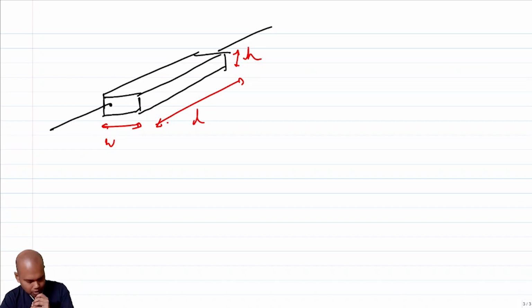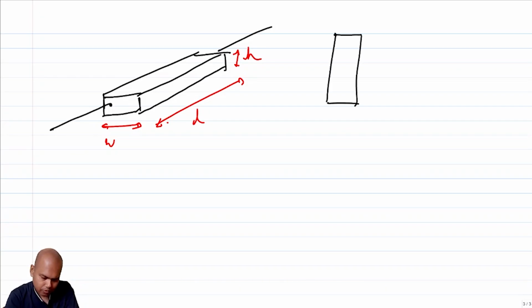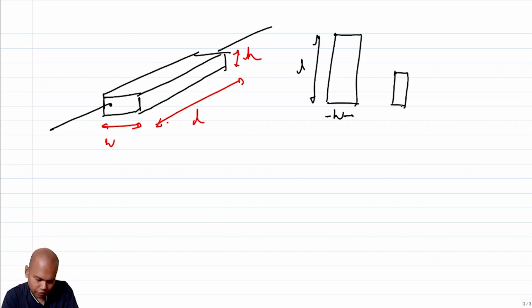Now let's say I have a piece of wire. Now I am showing you the top level. If I have a piece of wire which has this much of W and this much of L, and I have another piece of wire which has half W and half L, this is W by 2 and this is L by 2.